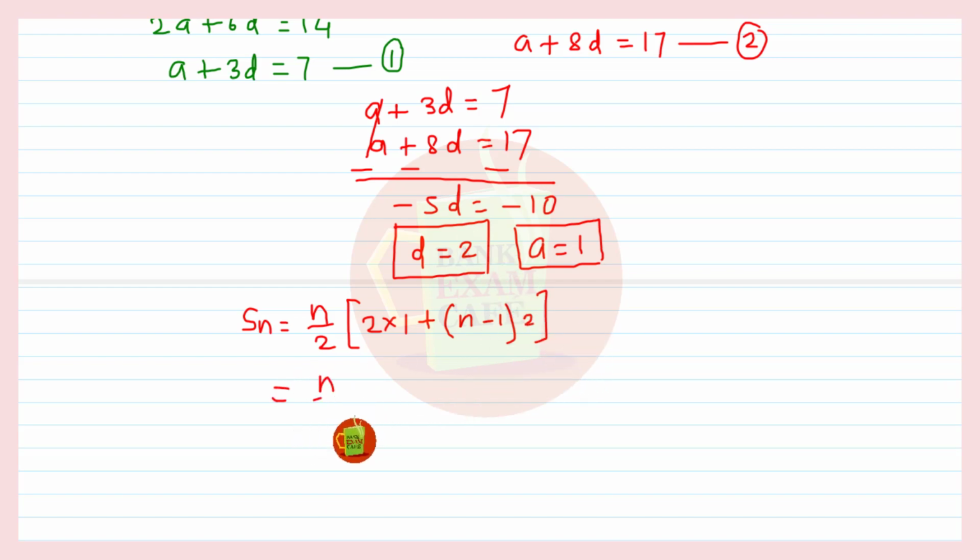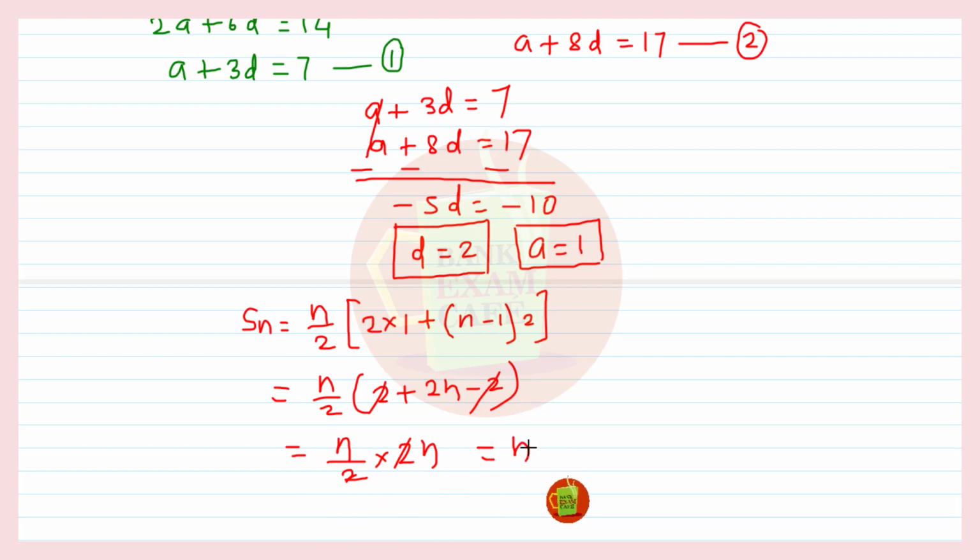So Sn is equal to n by 2 into bracket, this is 2 1s are 2, multiply by 2 inside the bracket, so it will be plus 2n, and 2 1s are 2, that will be minus 2. So this 2 and 2 will get cancelled. You will get n by 2 into 2n, correct? So that 2 and 2 will also get cancelled, and you will get n square, and so Sn is equal to n square.